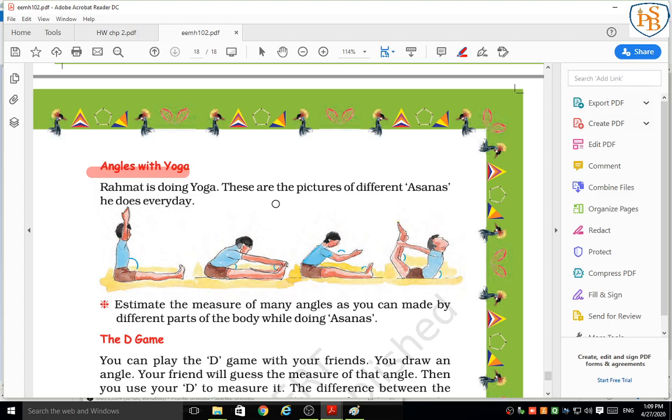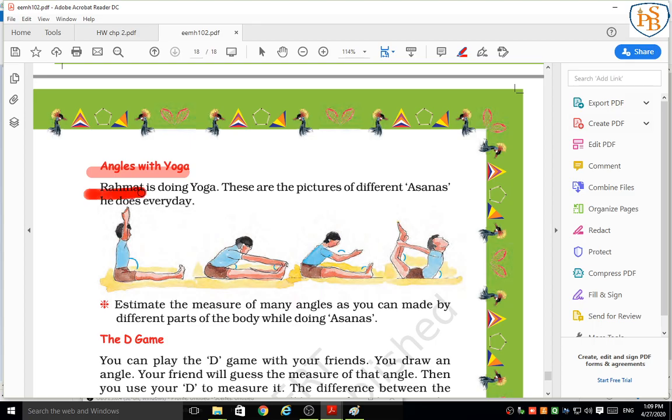You are doing? Yes. Okay. So I hope you all are doing yoga every day. Yoga is very important to keep our body maintained, free, flexible, correct? So do yoga daily at your home.